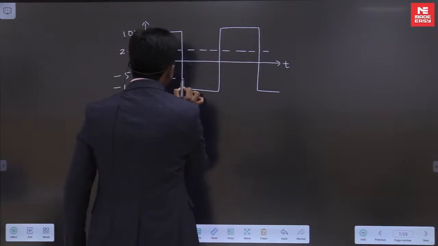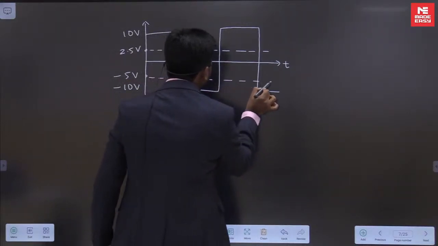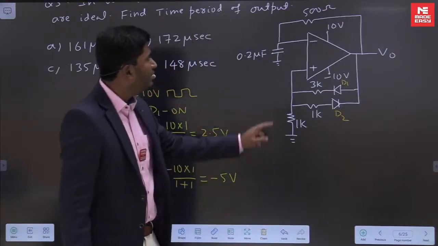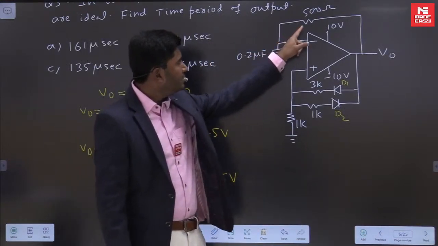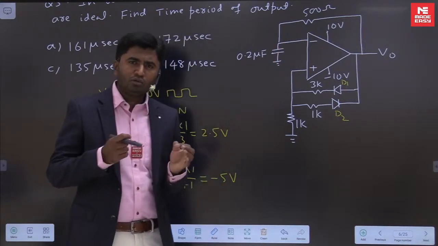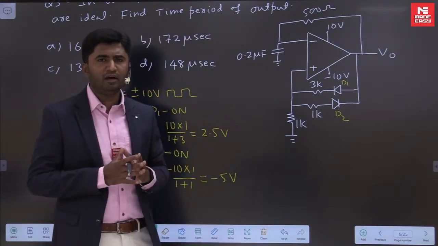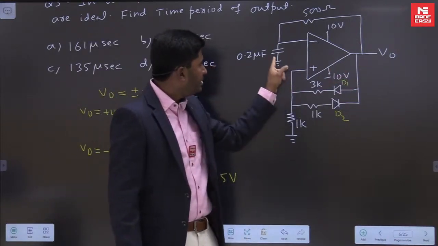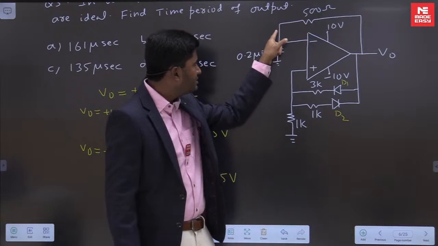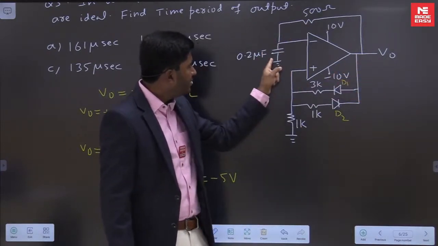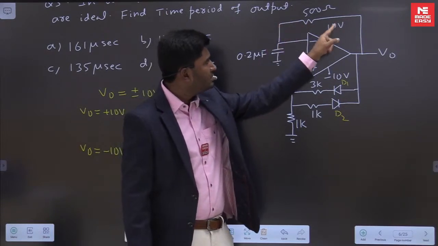In this astable multivibrator, we have an RC network connected towards the inverting terminal. From the operation of astable multivibrator, when output is plus 10, this capacitor will charge through this resistor, and when output becomes minus 10, the capacitor will discharge through this resistor.